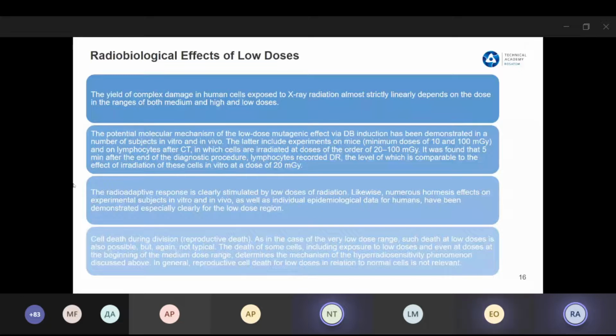In experiments on laboratory animals with no defect in DNA repair and reduced radiosensitivity, these effects begin to appear only when irradiated in medium doses.